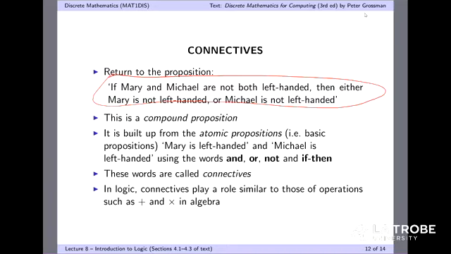So think of it like this: if Mary is left-handed is your proposition P, Michael is left-handed is your proposition Q. Then how do you write this in symbol form?